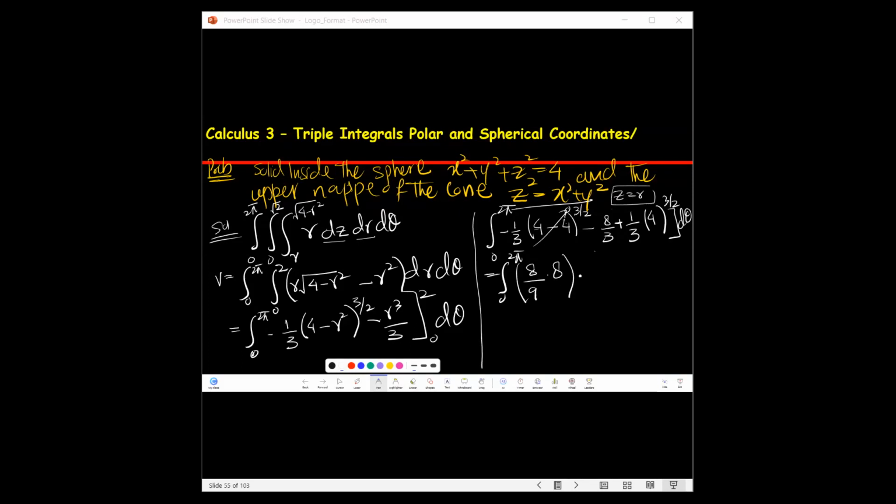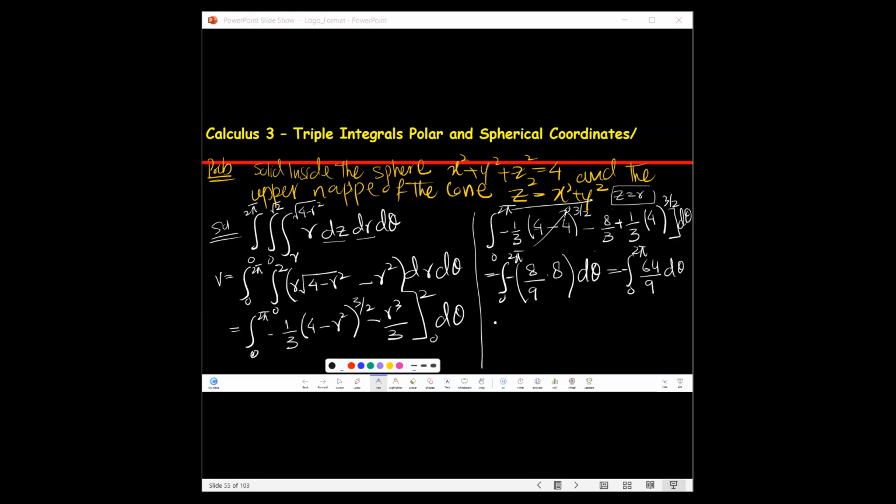Let me just do this d theta, and there should be a minus sign here. So let me write again 0 to 2 pi with minus 64 over 9 d theta.